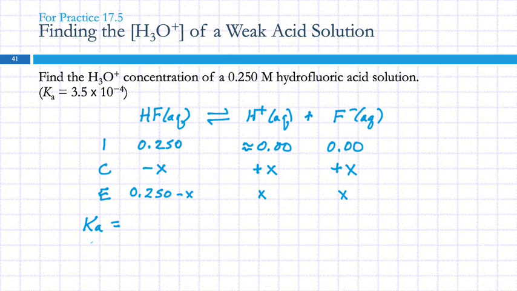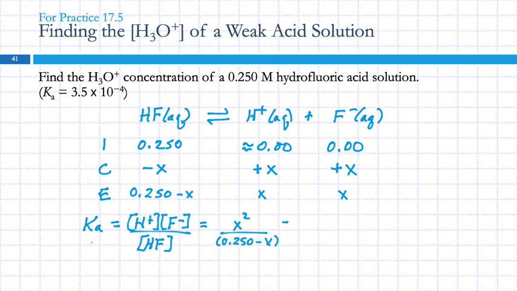The equilibrium constant expression for this acid will be the hydrogen ion concentration times the fluoride ion concentration divided by the acid concentration. In terms of our x's, we've got x times x, which is x squared, divided by 0.250 minus x, and that is going to equal the acid ionization constant for this acid.